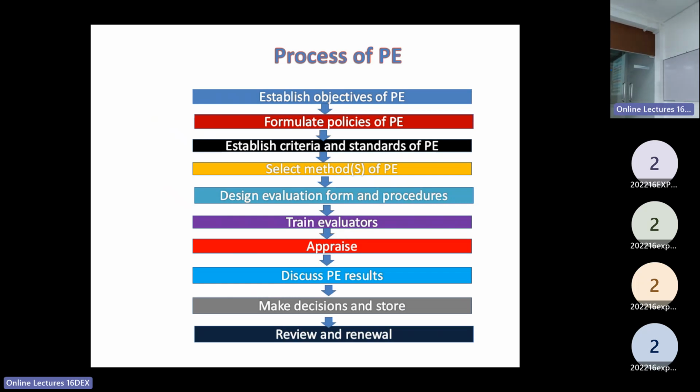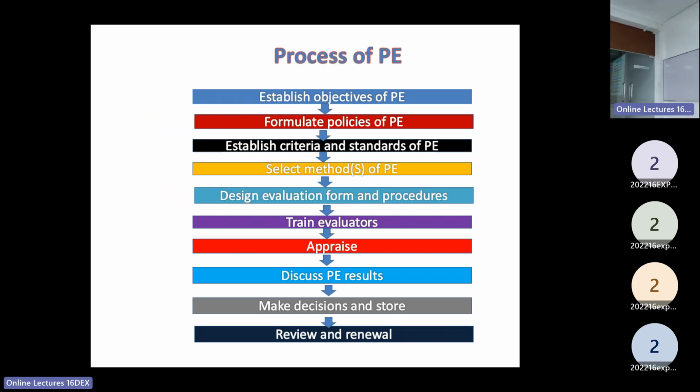The first one is to establish objectives of performance evaluation. You have to have objectives if you are going to do performance evaluation, because it incurs a cost. Do not do it because other organizations are doing it. Do not do it because your organization has allocated some funds.